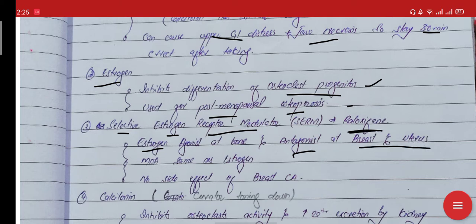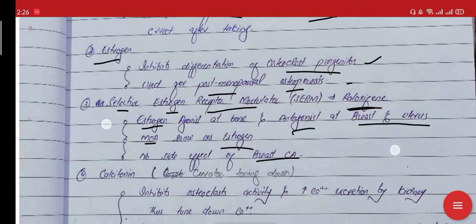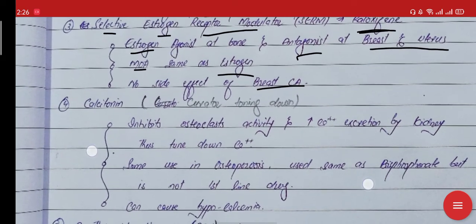So they don't have the side effect of carcinoma of the breast and uterus. So it is a bit more useful than estrogen because it does not have the side effect. The mechanism of action is the same as estrogen, which we have discussed. Now the next drug that we have is calcitonin.